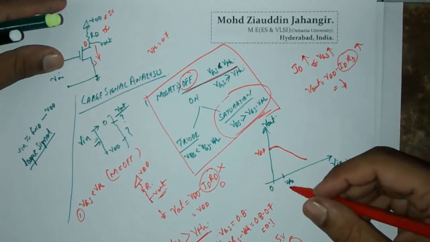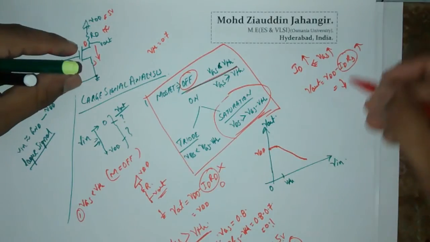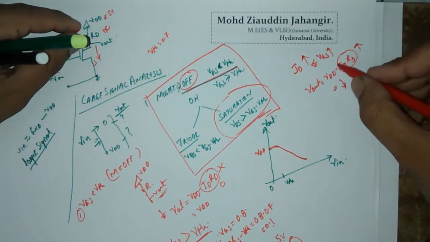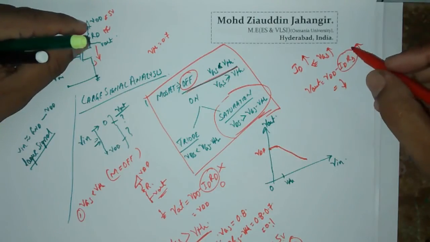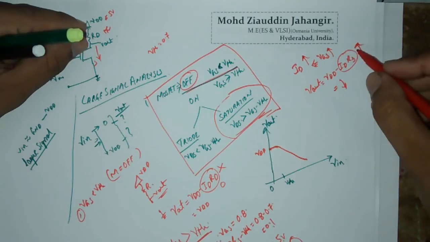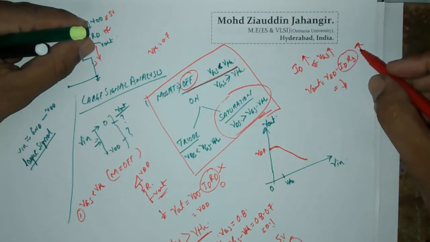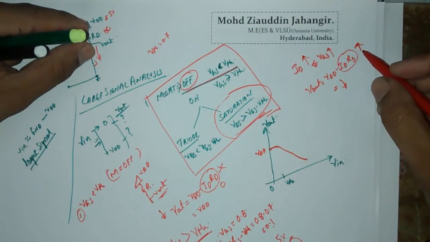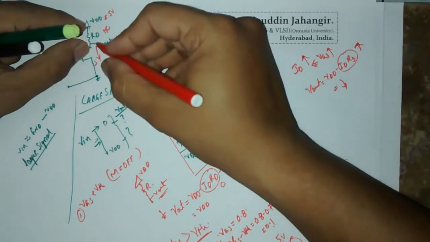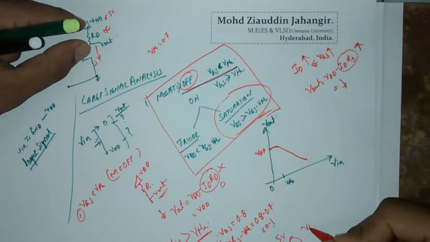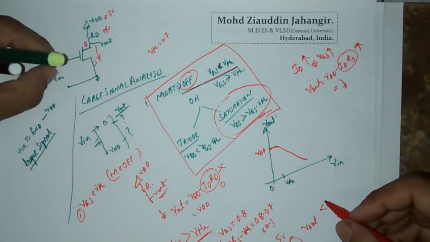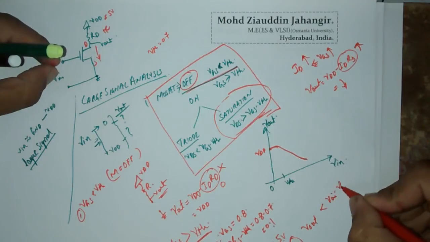What happens at the third situation is, as you are increasing the VGS, ID is increasing, so simultaneously the voltage drop is increasing, and your output voltage decreases. And after some point, you will encounter a situation where your VDS, this Vout value, becomes lesser than your Vin minus VTH.